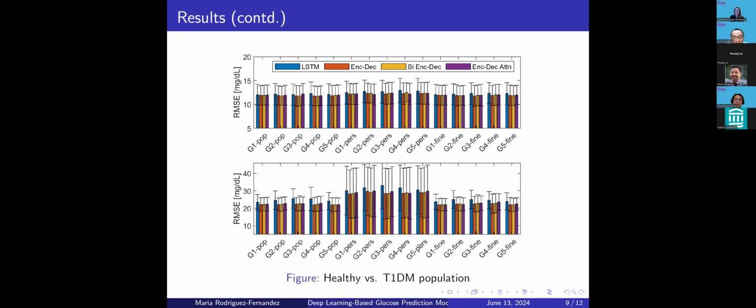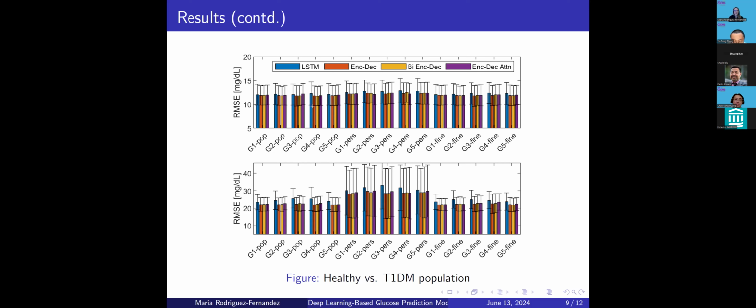Something that was pretty surprising for us, we were expecting the model with all the information to perform better. And indeed, it performed better, but not as much better as we expected. We think that if introducing the energy intake doesn't help that much, it can be due to this underreporting that we were observing.